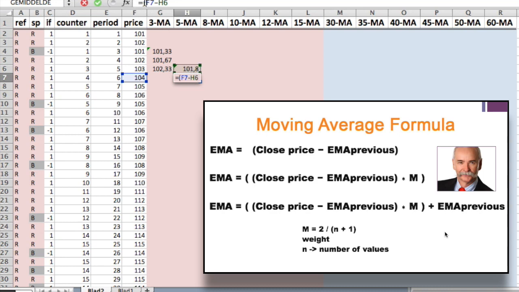And remember, we multiply now by 2 divided by 6, because we look at 5 values, and we add to this again the exponential moving average from the previous period.